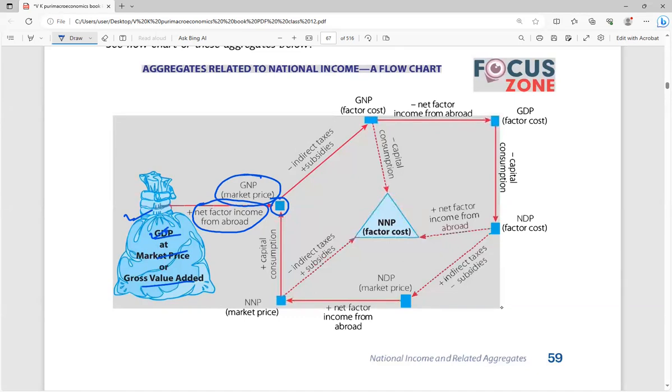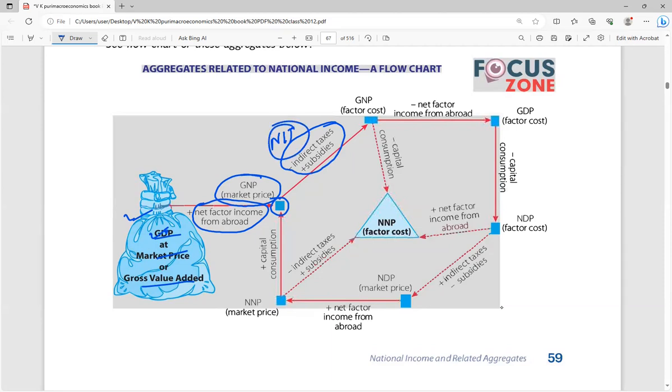Done. Now after that, check once here, if I am subtracting from here, that is arrow C, from where to where does it go? That is indirect taxes minus subsidies. This is NIT, net indirect taxes.